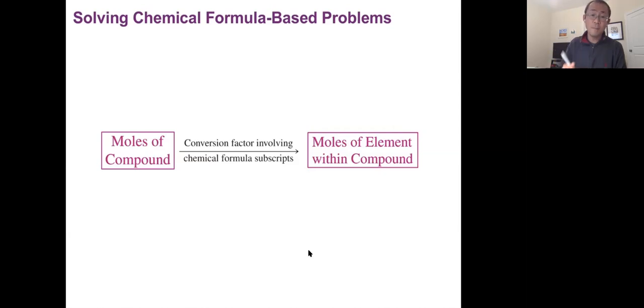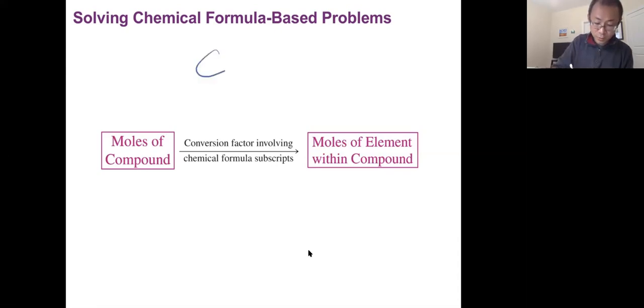And number 3 is the mole of something. Convert between the moles of a compound or moles of formula with the moles of the element within a compound. And that is from the formula and the subscripts.